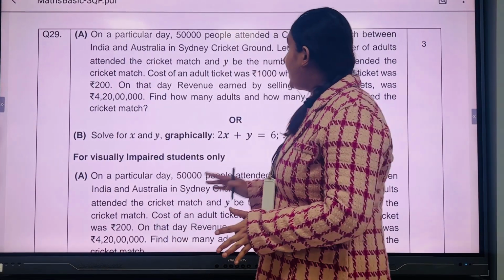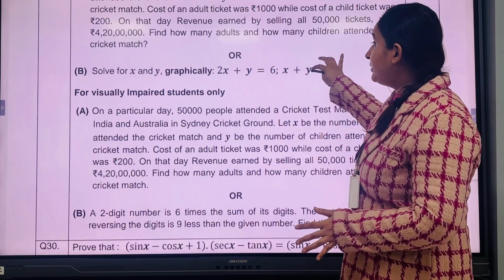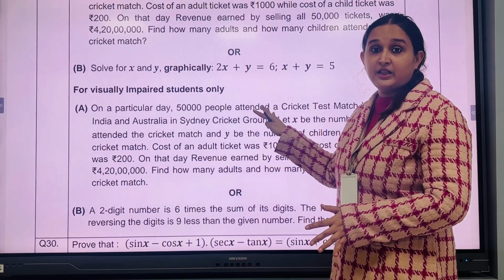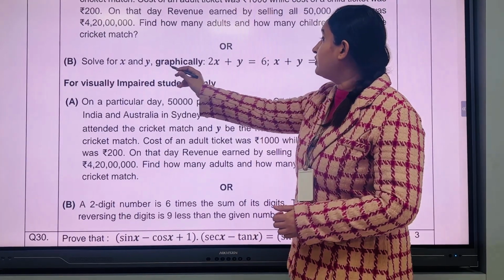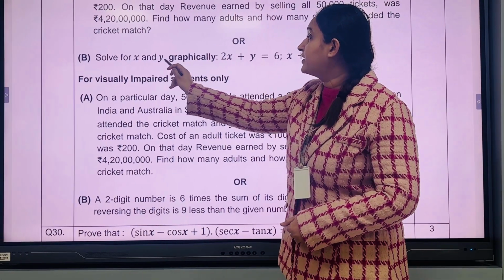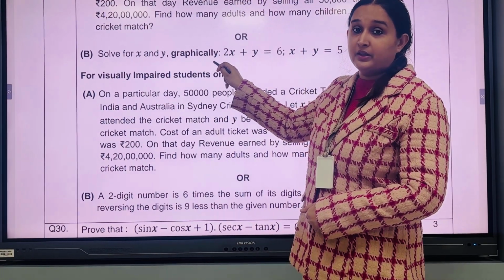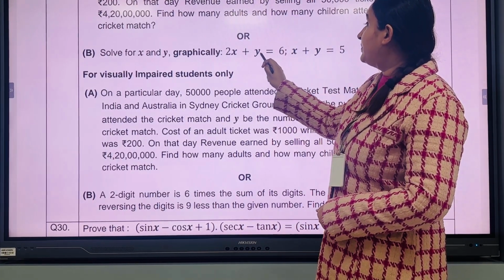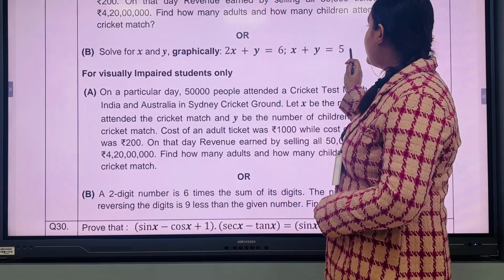As you can see, this question is from your sample paper given by CBSE, that we have to solve for the value of x and y using the graphical method. The equation is 2x plus y equals 6, x plus y equals 5.